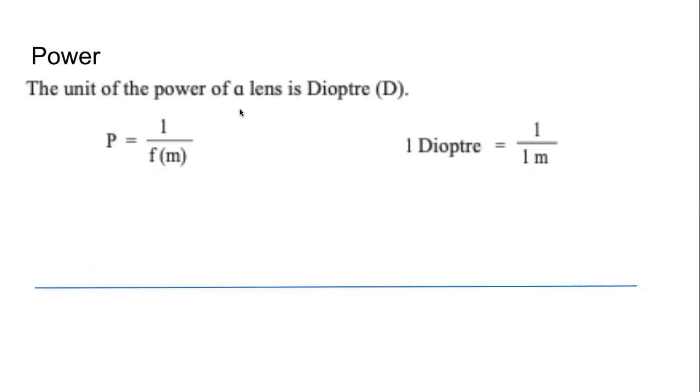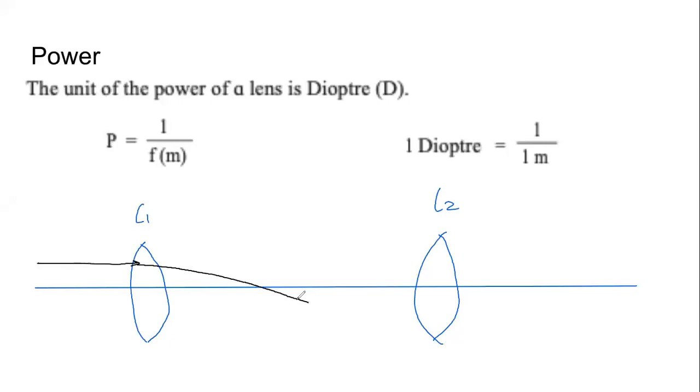I'm taking a large principal axis. Say this is lens 1. This is lens 2. In case of lens 1, if there is a ray of light which is parallel to the principal axis, of course, it bends like this.